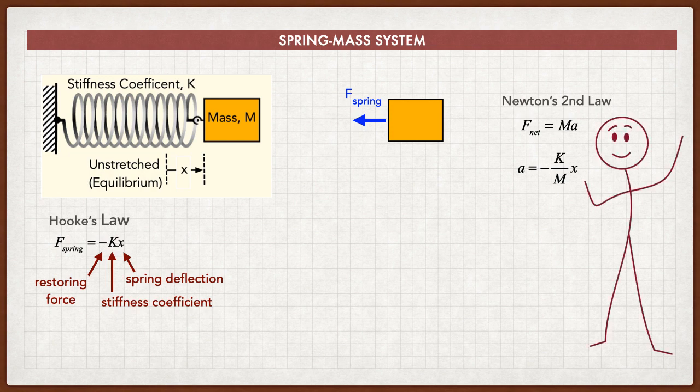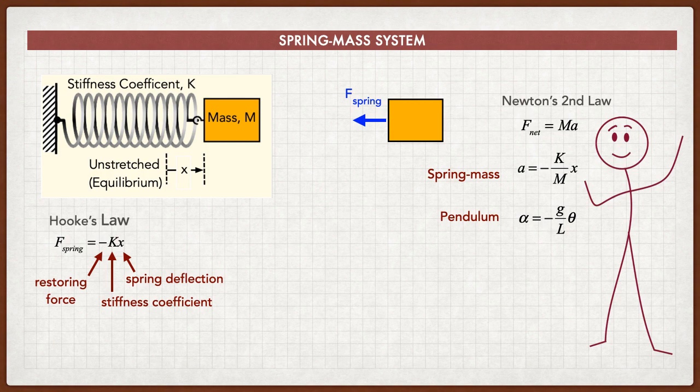Wait, does this equation, this differential equation, look familiar? Remember the simple pendulum? For a pendulum, alpha, the angular acceleration, equals negative g over L times the angular displacement, theta.